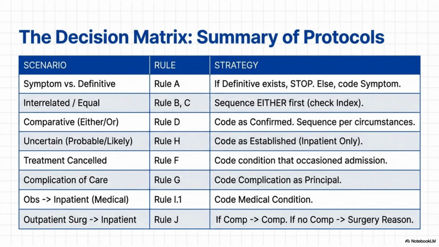Stick with the condition that brought the patient in. And when the admission is for a complication, Rule G makes that complication the principal diagnosis. Finally, the timeline rules, I1, I2, and J, help us navigate observation stays and admissions following outpatient surgery. They ensure we anchor our decision to the true reason the patient required inpatient care.